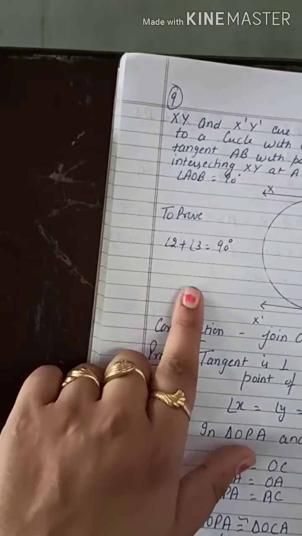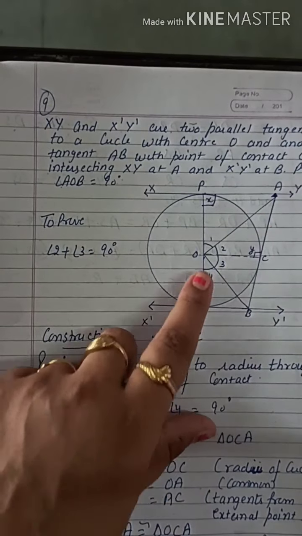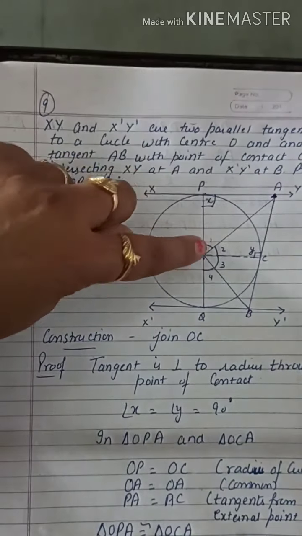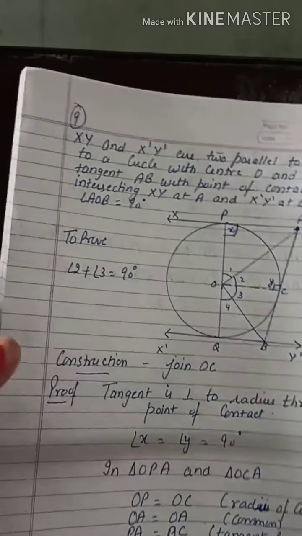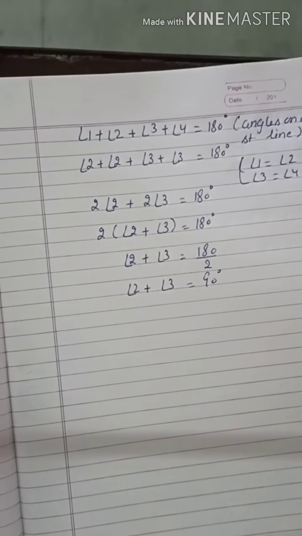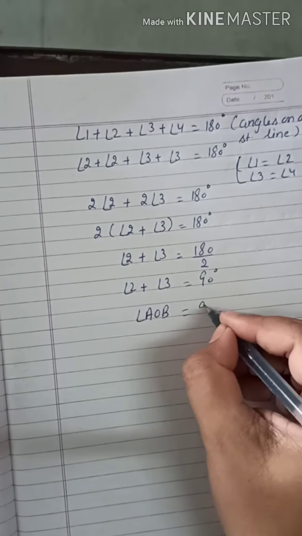So I wanted to prove the same. What is angle 2 plus angle 3? AOB consists of angle 2 and angle 3. So at last we can see that angle AOB is equal to 90 degrees.